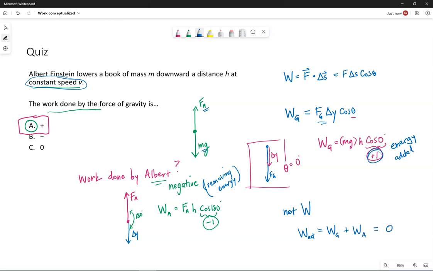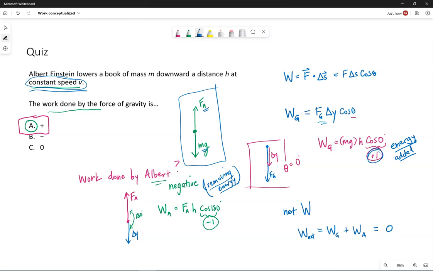These add up to be zero in this case, right? We said these two forces had to be equal in magnitude because of this constant speed. That means gravity, the force of gravity, is putting energy into the system as Albert's force is pulling the same amount out.